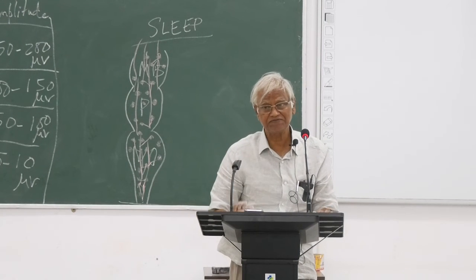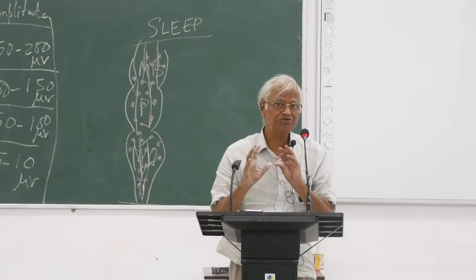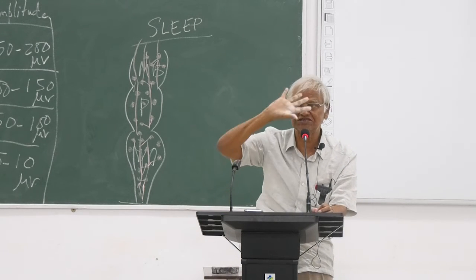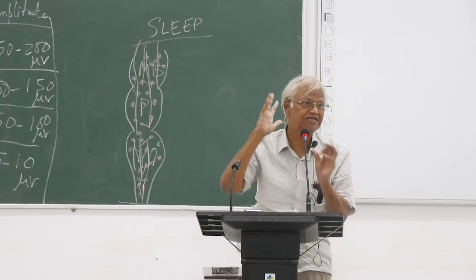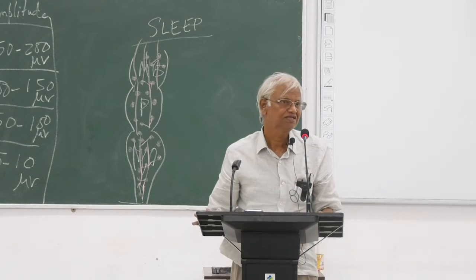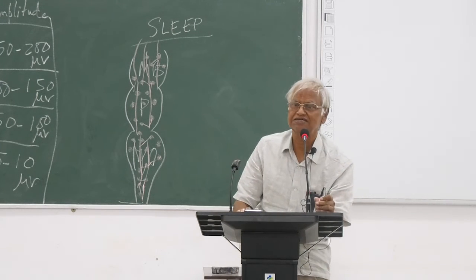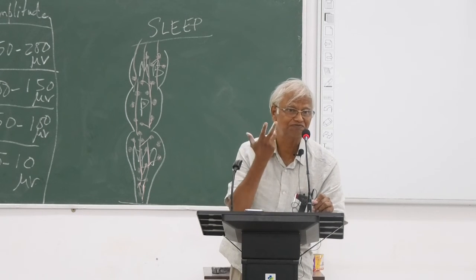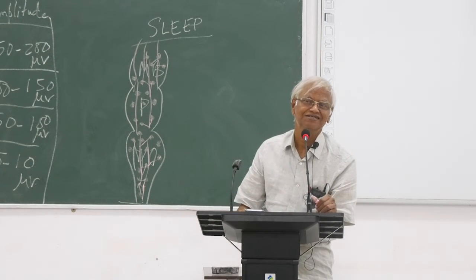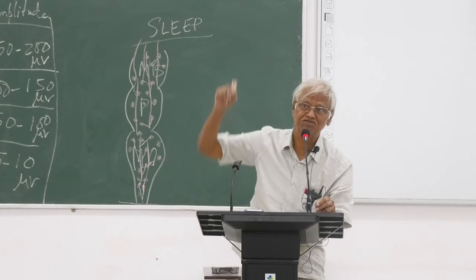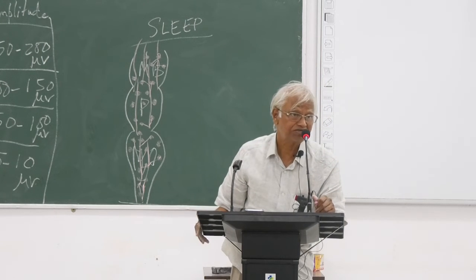As long as they give this, the reticular nuclei, through the thalamus, go to the cerebral cortex and keep our consciousness awake. When the reticular nuclei are tired, tired means their neurotransmitters are finished, then they cannot work. Then they cannot stimulate the cerebral cortex.